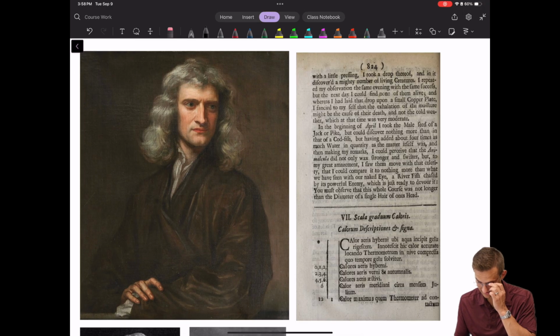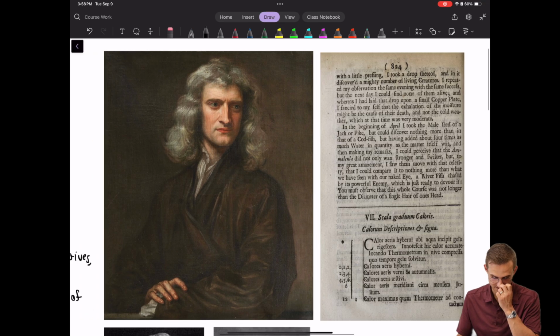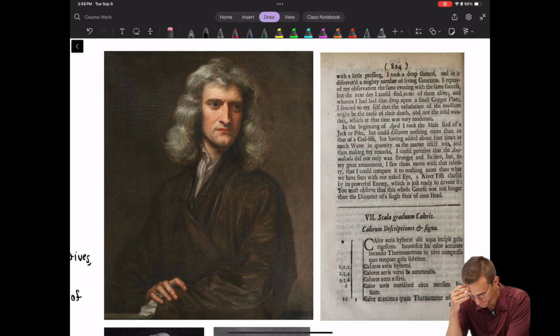You can see it's in Latin, but it's kind of fascinating. This is a portrait of Newton, by the way, who was actually my 14th great grand advisor. This is a fun fact. You can see that this bottom half here is where his publication begins.